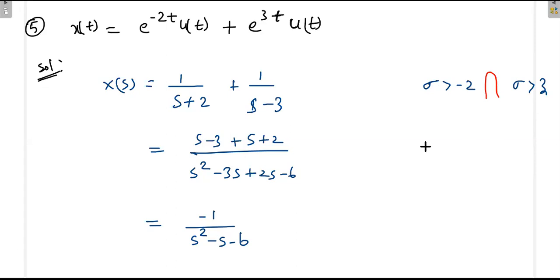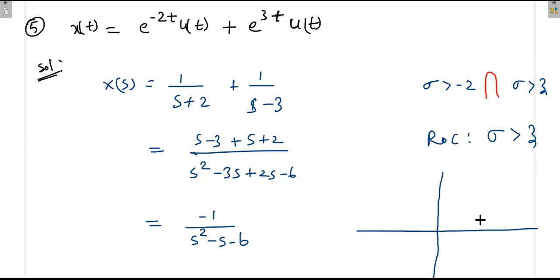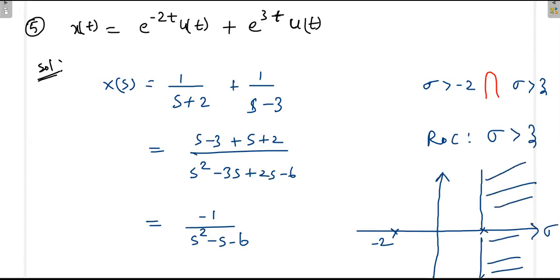The common ROC here is sigma greater than 3. One pole is at minus 2, another one is at 3. So ROC is sigma greater than 3. This is the ROC region, sigma and then j omega.